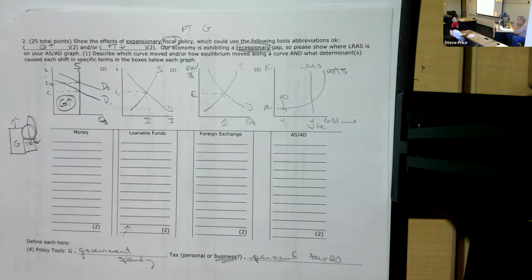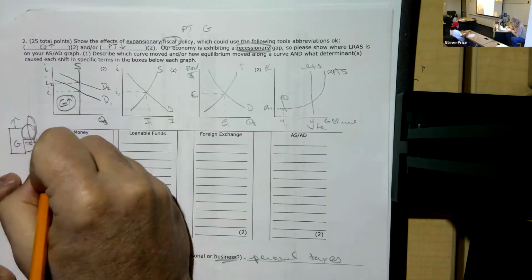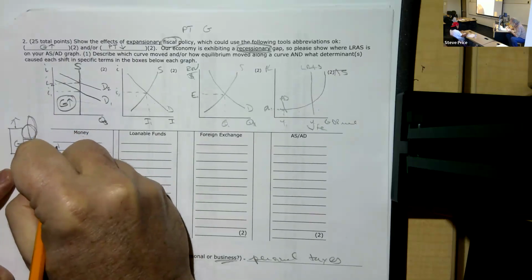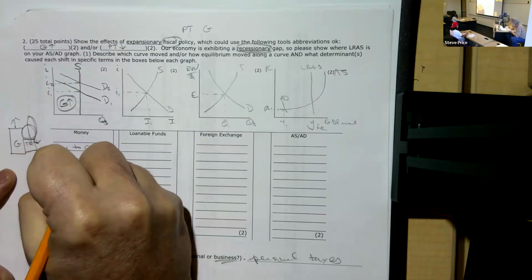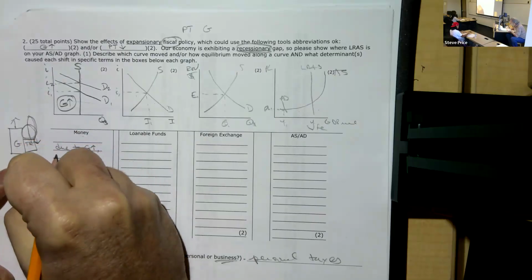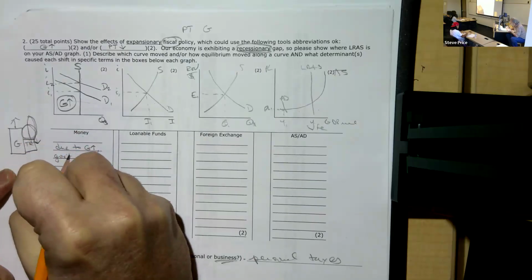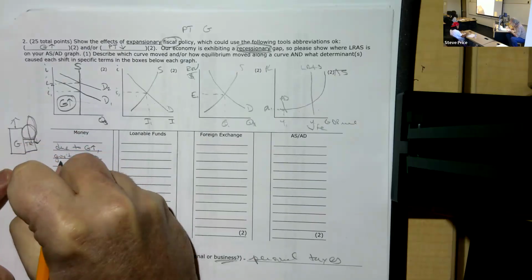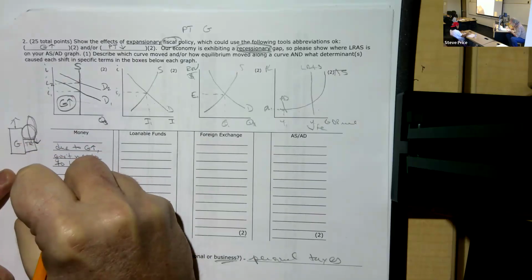So here, down below, we'd say, due to increase G, government needs to borrow more money.